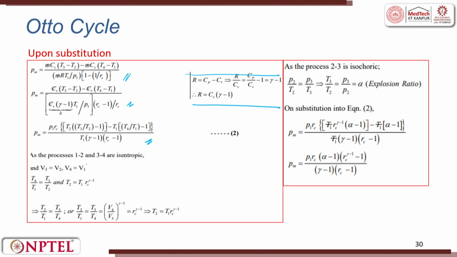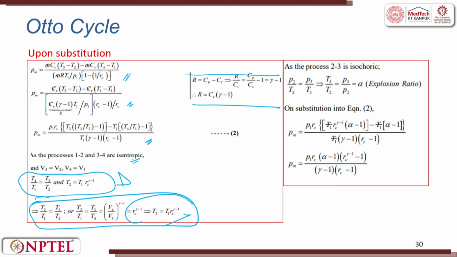As processes 1 to 2 and 3 to 4 are isentropic, and 2 to 3 and 4 to 1 are constant volume, V3 equals V2 and V4 equals V1. Now when you resubstitute in this equation, you get T2 equal to T1 into rc to the power gamma minus 1. So it can be represented as T2 by T1 equal to T3 by T4, and that finally boils down to this. All these equations are very important, so you are supposed to keep them in mind.